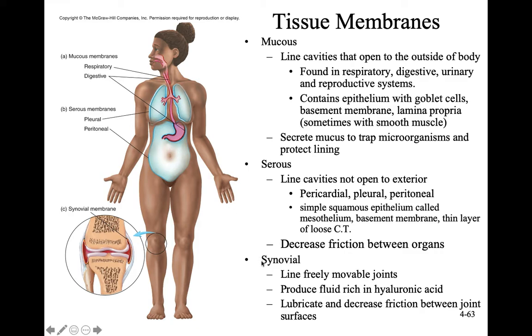Then we have the last type, synovial membranes. And synovial membranes we'll talk a lot more about during the skeleton, but we have essentially joints here. So here's one end of the bone, other end of the bone, some hyaline cartilage in between. And then we have a cavity that we're actually going to fill with synovial fluid. Now, this inner membrane right in here is known as the synovial membrane.